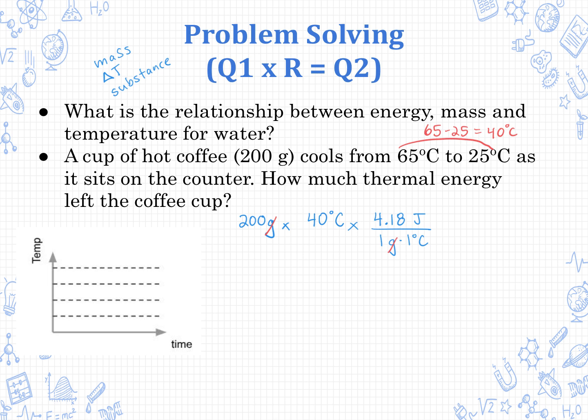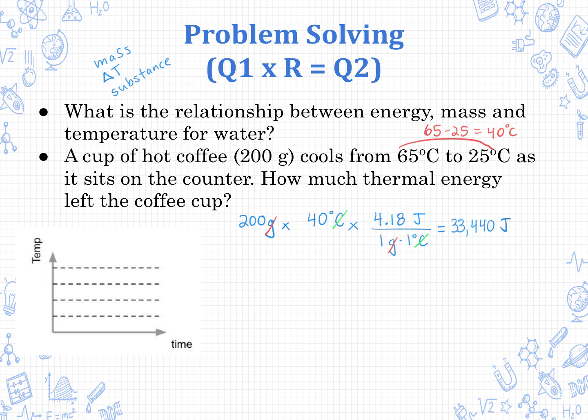And notice we've also got a degree Celsius in the numerator and a degree Celsius in the denominator, which will simplify to 1. And so we're left with joules, and that is the units that we want for our answer for how much energy that we have. So we're going to take 200 times 40 times 4.18.